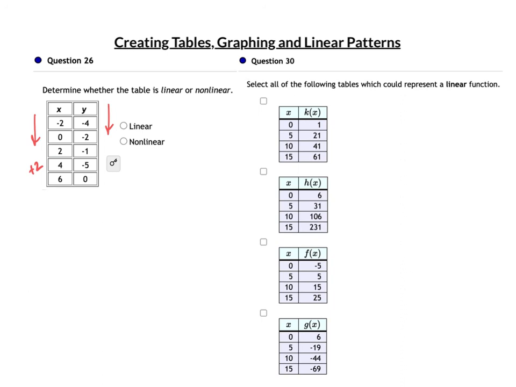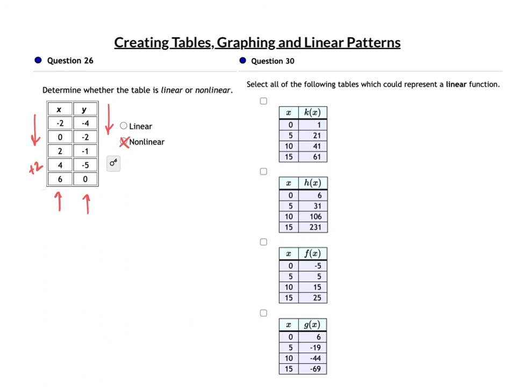However, look at the y. -4 to -2, that's increasing by 2. -2 to -1 is increasing by 1. -1 to -5 is going down 4. This is all out of whack. This is definitely not linear, it's nonlinear. You have to be increasing or decreasing by a constant on both the x and the y for it to be linear. Now let's look at these other tables.